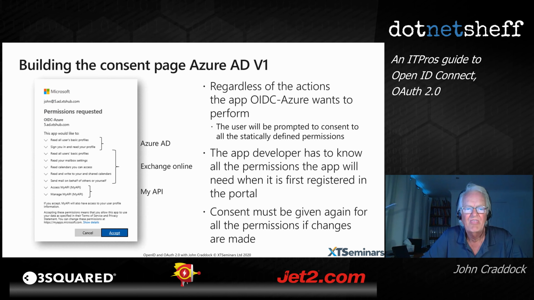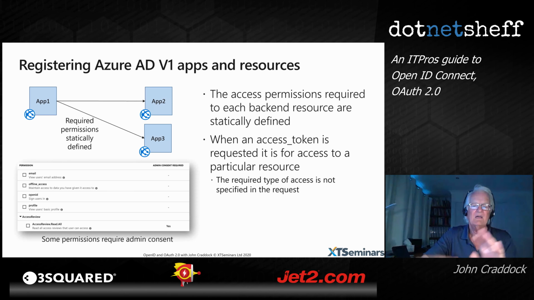The problem with that is when the user signs in, they're not being asked to consent to sign you in. They're being asked to consent to everything that's been hardwired. So if you hardwire access to app 1, app 2, app 3, app 4, app 5, app 6, app 7, the poor old user is going to say, do you consent to app 1 having access to app 2 and app 3 and app 4 and app 5?